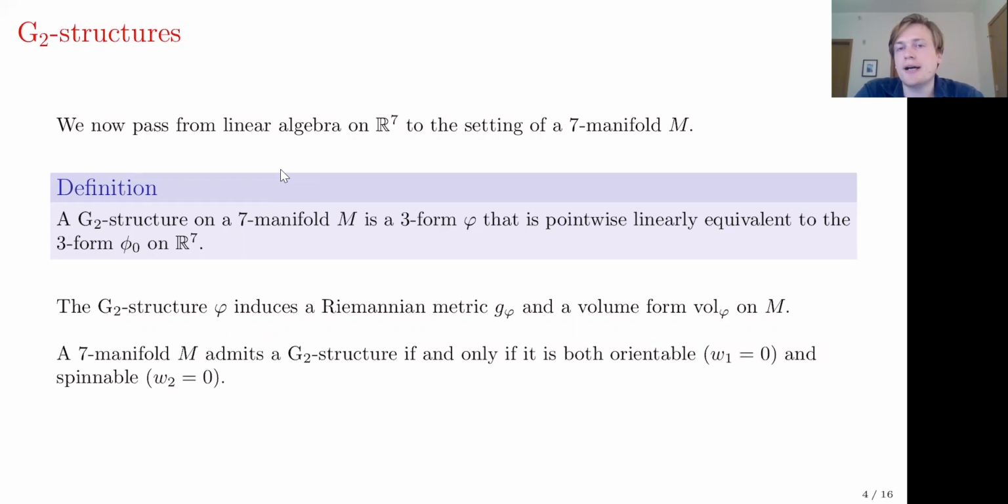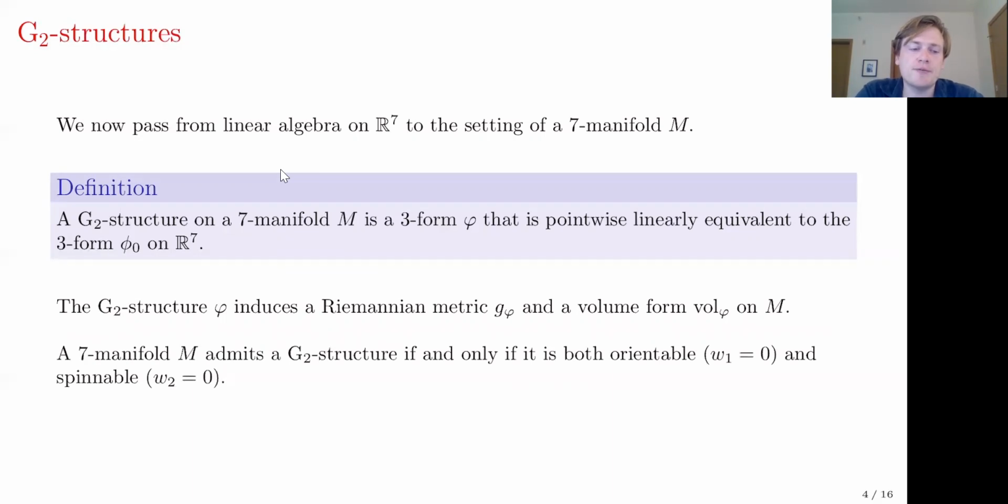The only things that are required are that the manifold be orientable, and that's clear because the G2 structure induces a volume form. And it's also required that the manifold be spinnable, so it has to admit a spin structure. So this is the vanishing of the first and second Stiefel-Whitney classes.